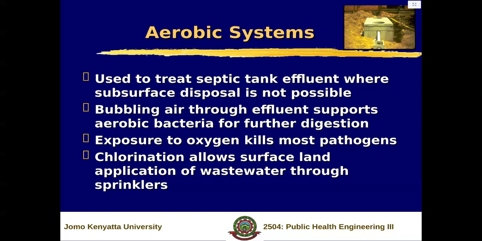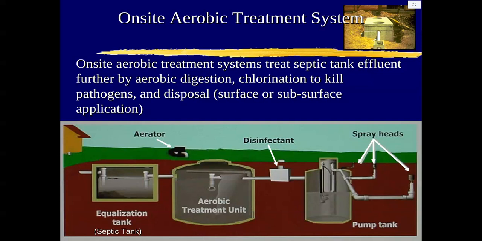Sometimes we use surface aerators, sometimes we use diffused air bubbles, and sometimes we use a mechanical agitator. So all these are possible ways to introduce oxygen into wastewater. But as I was saying, the most important thing is that we are encouraging aerobic processes to subsist.